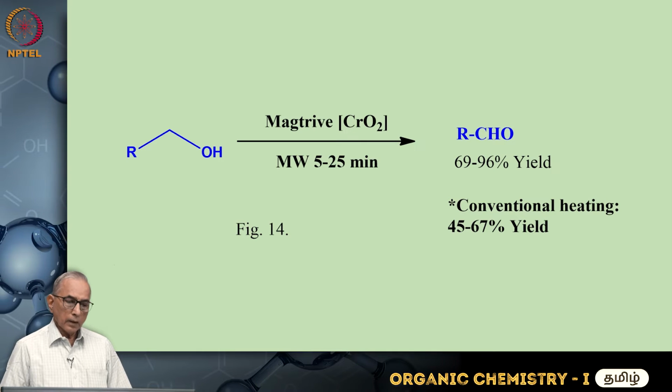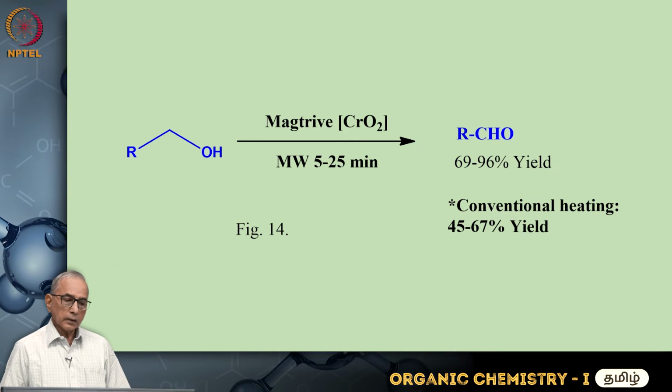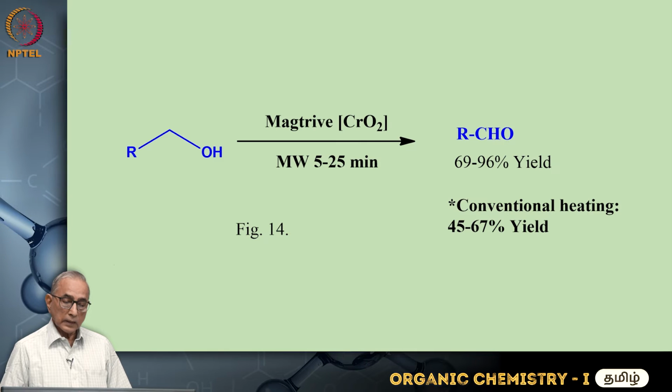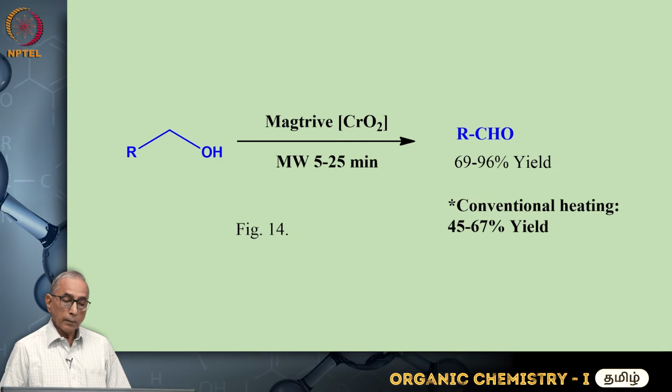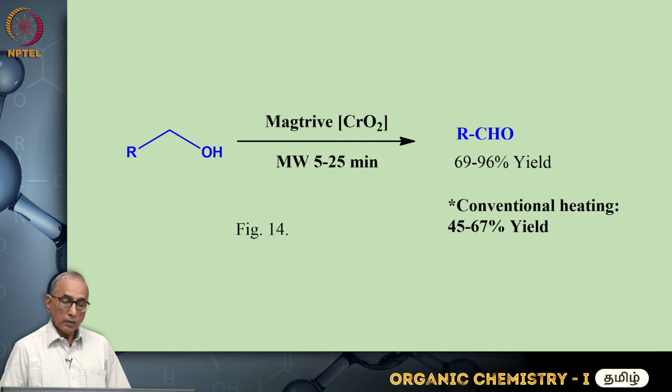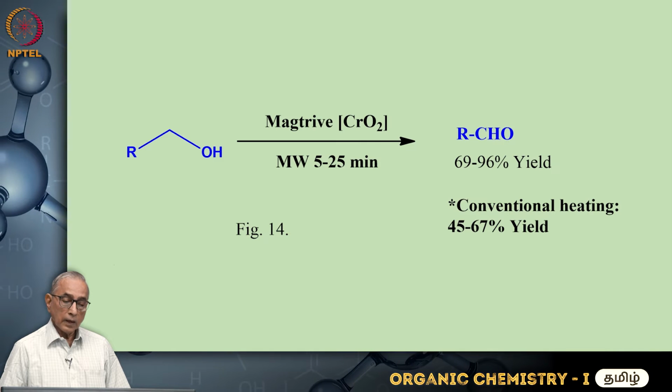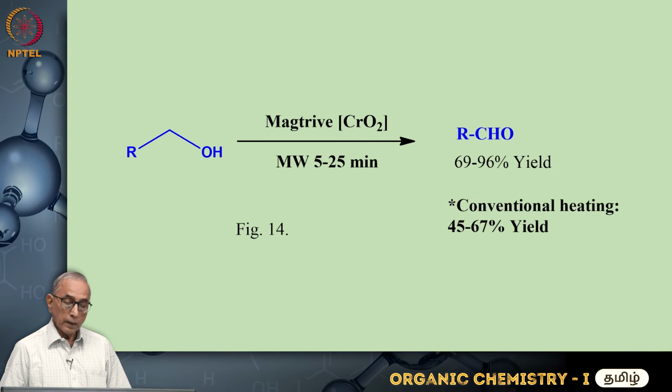If you have aliphatic alcohol, if you use it with a catalyst CrO2 and MAC-TRIV, that is a catalyst which is incorporating chromium oxide.